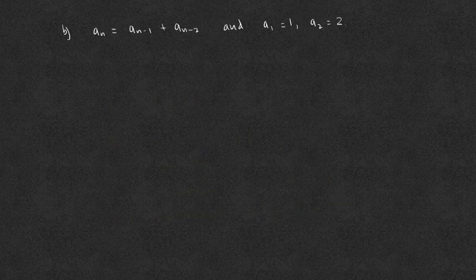And so for this recursive sequence, a sub n equals a sub n minus 1 plus a sub n minus 2, what this sequence is saying is that if we want the value of any term, just add the previous 2 terms to get the current term.